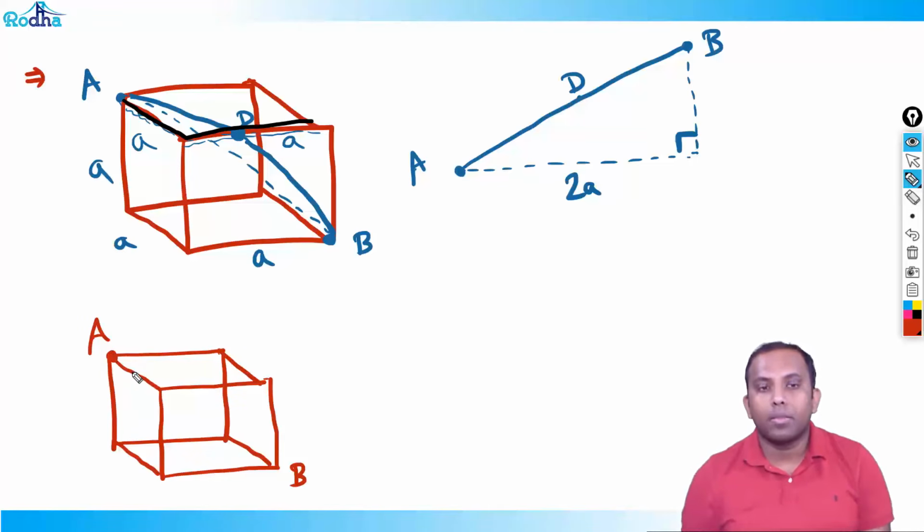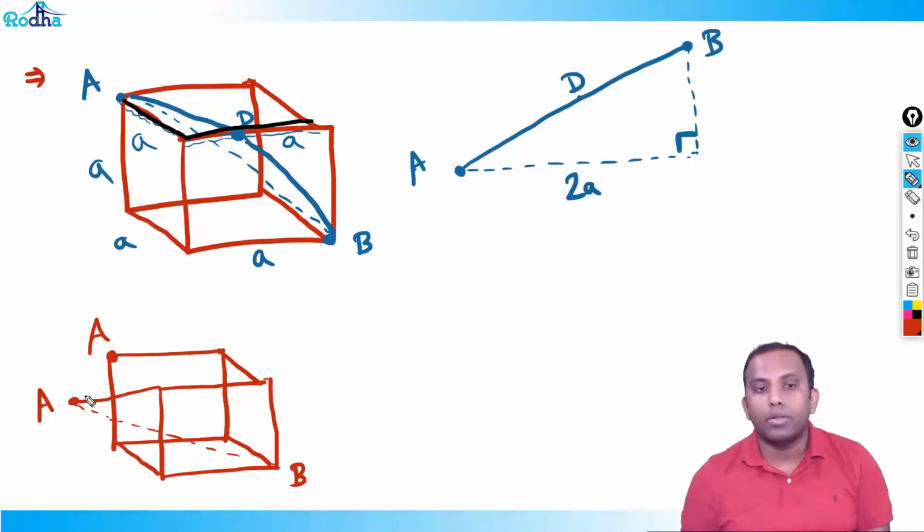This A becomes from here, this A becomes here. This is A now. So it is the same as the ant traveling from A to B. This is a diagonal, the shortest distance.